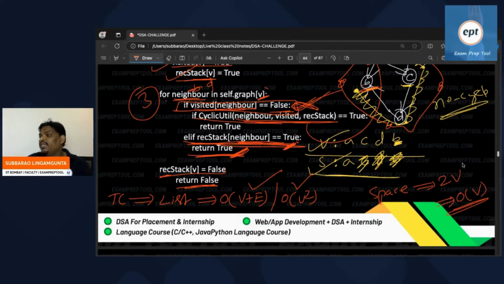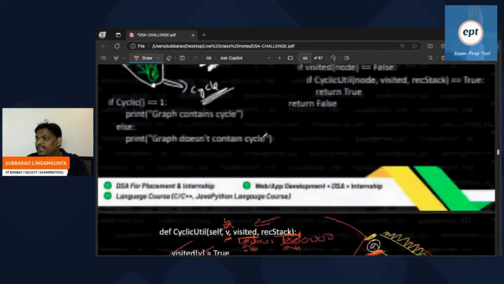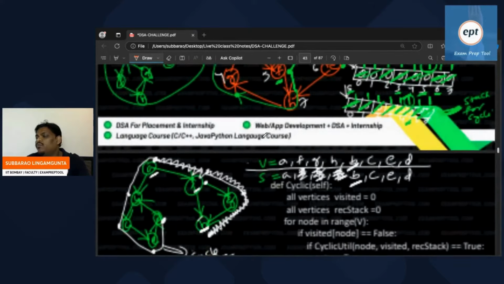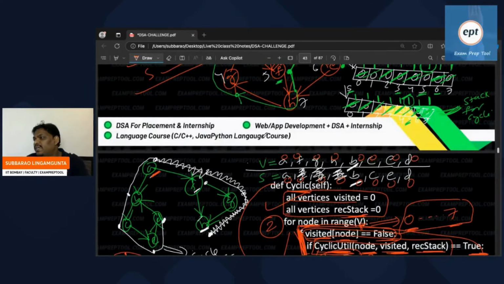Using DFS, if you try properly, it is possible. If you want to finish this entire story in a single line: how do you find out whether a cycle exists in the given directed graph? Apply DFS, and if you find even one back edge, there is a cycle. What is the meaning of back edge? It is an edge visiting a vertex that is already visited, and at that time that vertex should be there in the stack.